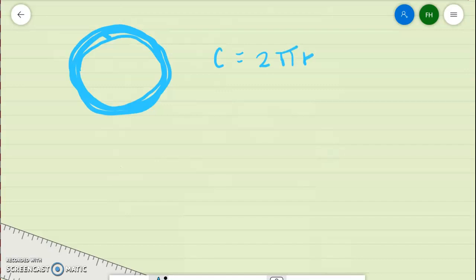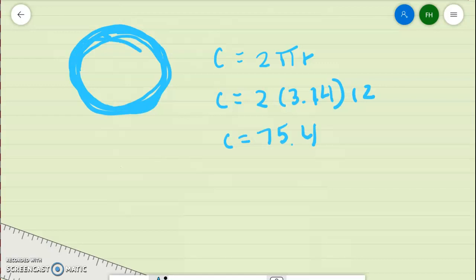So 2 times 3.14 times 12. So that's going to be one rotation. So let's see. 2 times 3.14 times 12 would be 75.36, or 75.4 would be if we went around one time.